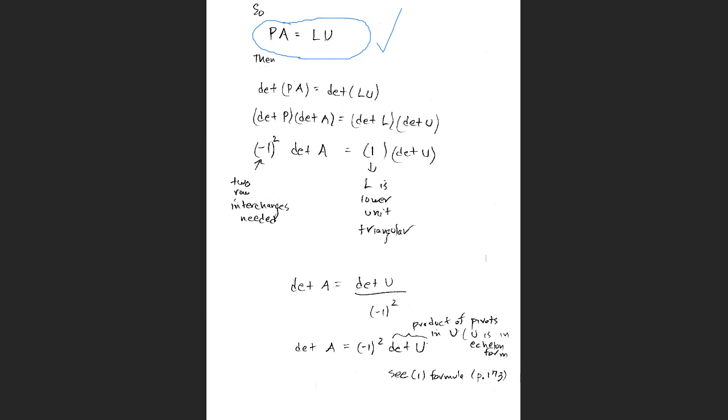Because we can mathematically see it. What can we do with this matrix equation? Well, we can take the determinant of both sides. The determinant of P times A will equal the determinant of L times U. But you learned that the determinant of a product of two matrices is equal to the product of the determinants.